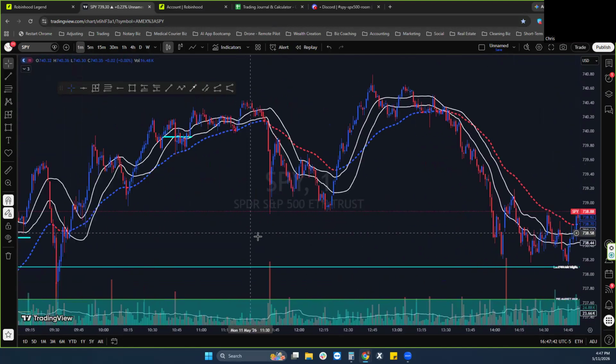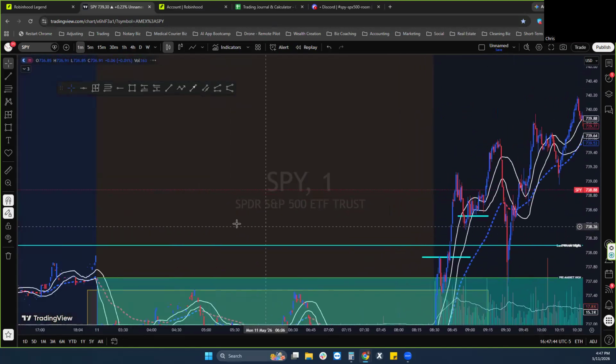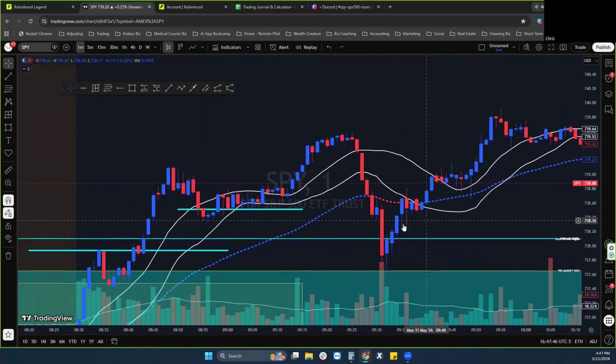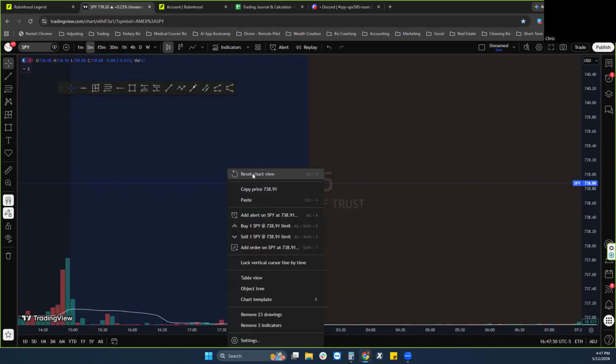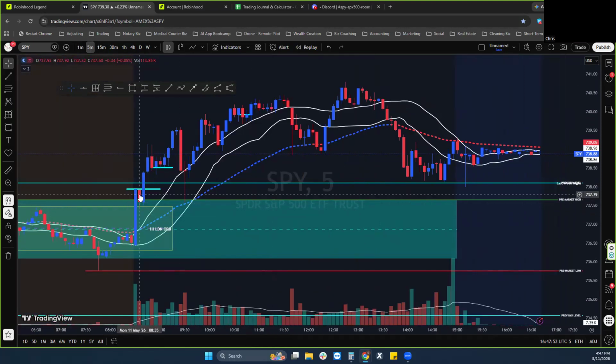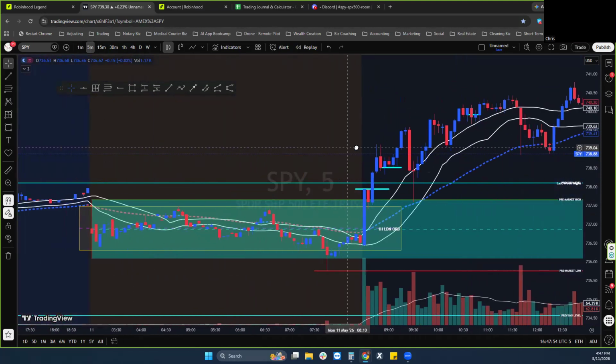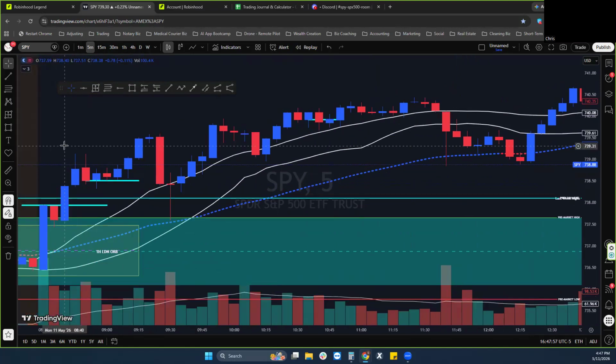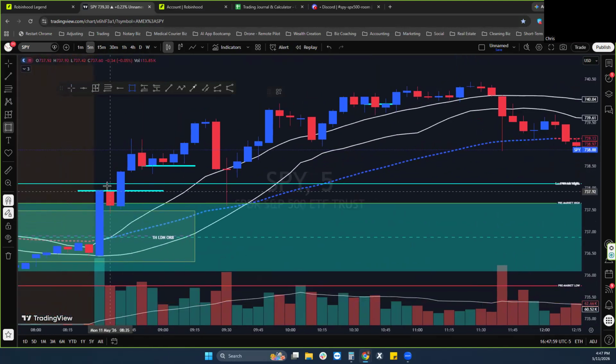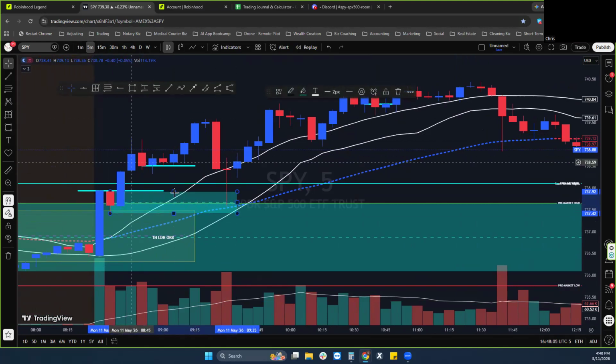So looking at other opportunities of how we could have got back into these trades, there are other strategies that we could use. Like here, we have an order block right here. If we look there, price broke out, pulled back to the order block, rejected.